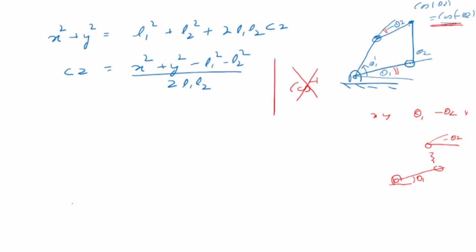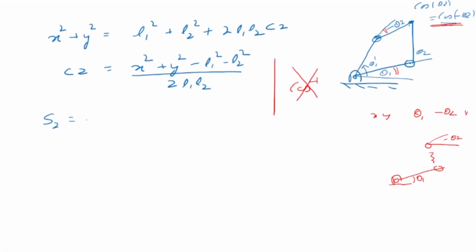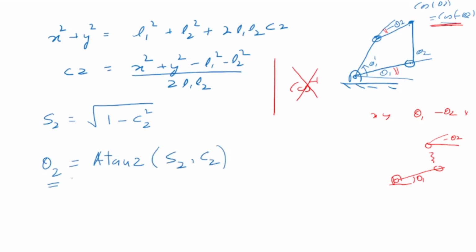From cos theta 2, we get sine theta 2. I convert it to sine theta 2, which is root over 1 minus cos theta 2 squared. Now what we take is theta 2 equal to atan2. Atan2 is a special function which takes sine theta 2 and cos theta 2 and gives you theta 2.